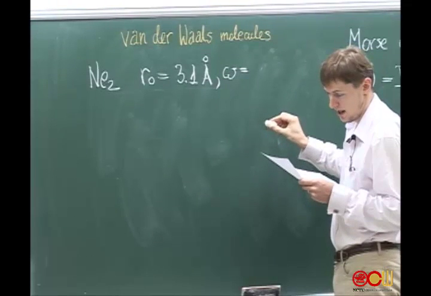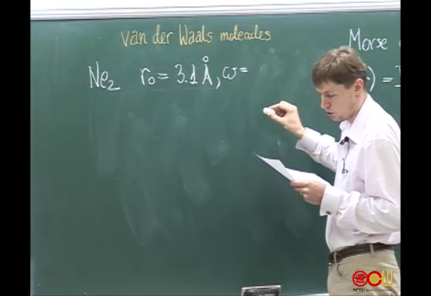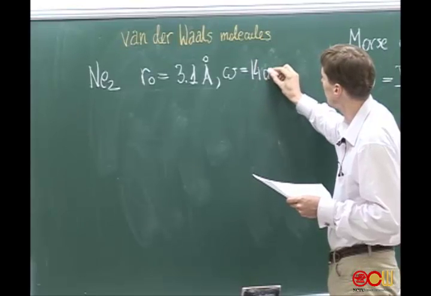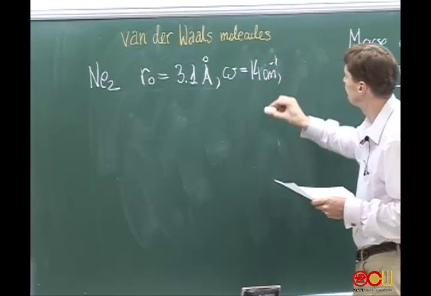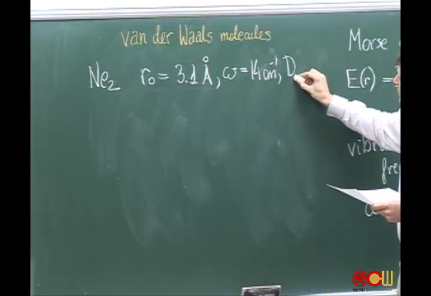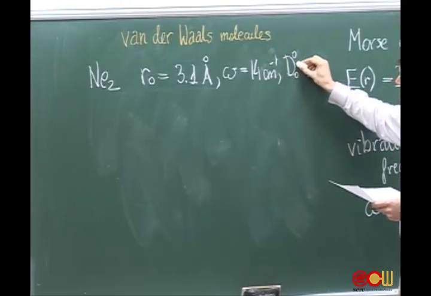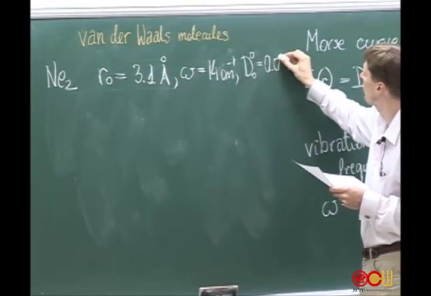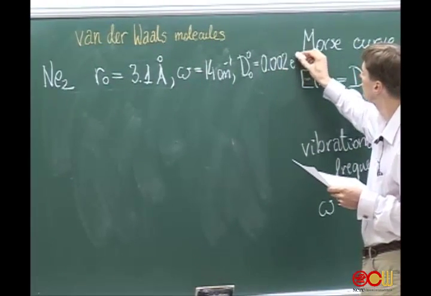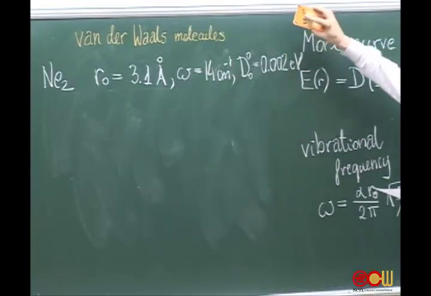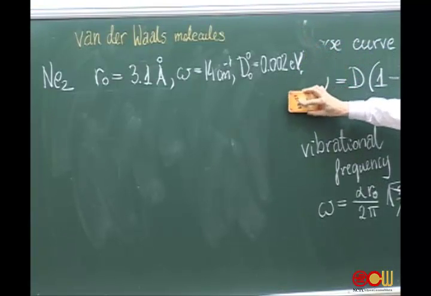Omega is equal to 14 so-called wave numbers, and the D, denoted as D00, is equal to 0.002 electronvolt. To make it clear, I remove the Morse potential, we don't need it anymore.